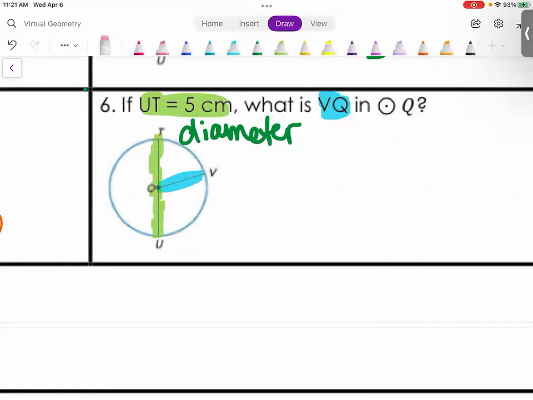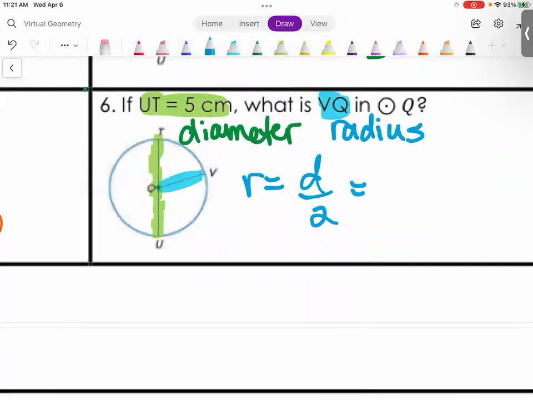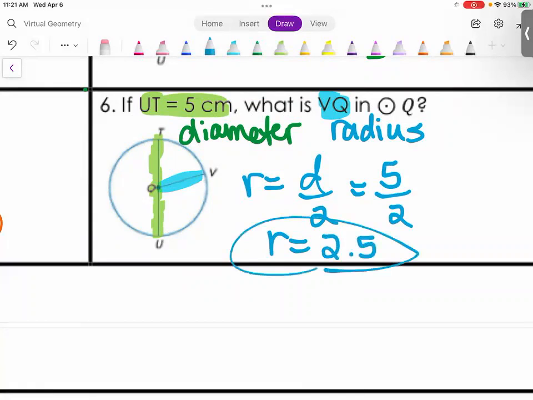If I'm looking for the radius, my formula says take your diameter and divide by 2. If my diameter is 5, then I'm looking at 5 divided by 2. So my radius would have to be 2.5, or 5 over 2.